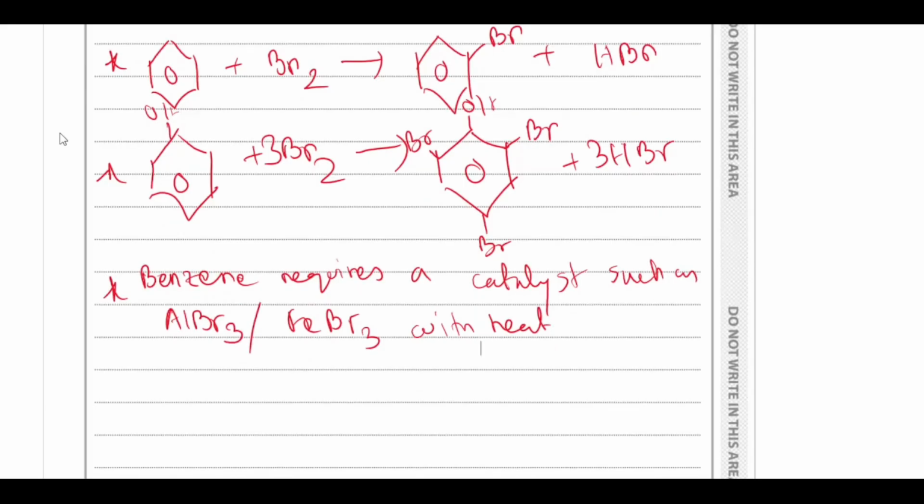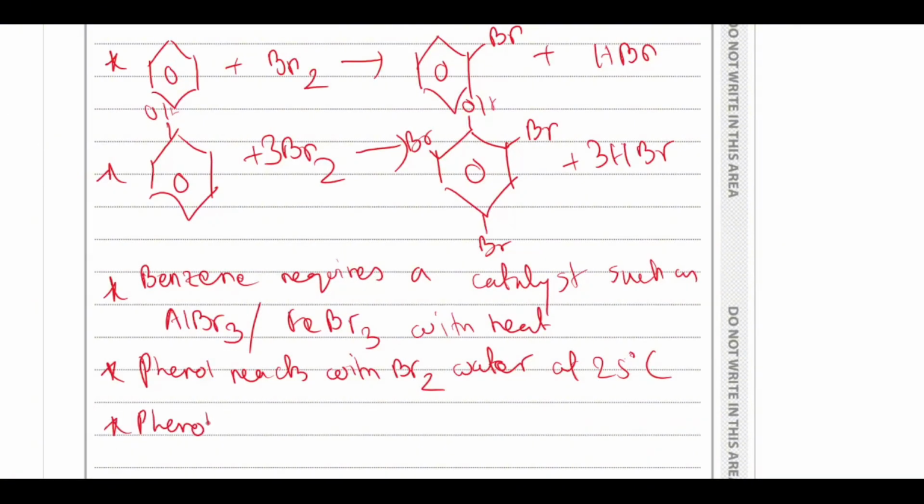And on the other hand, the condition for phenol is that phenol reacts with bromine water at room temperature at 25 degrees Celsius. So you won't be requiring any halogen carrier in this case.